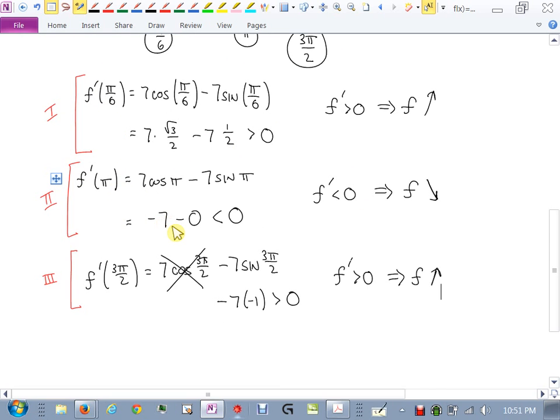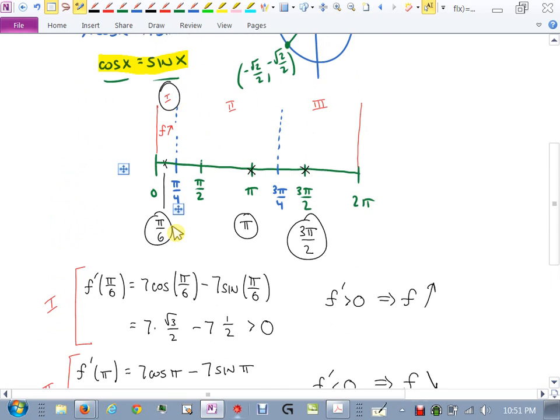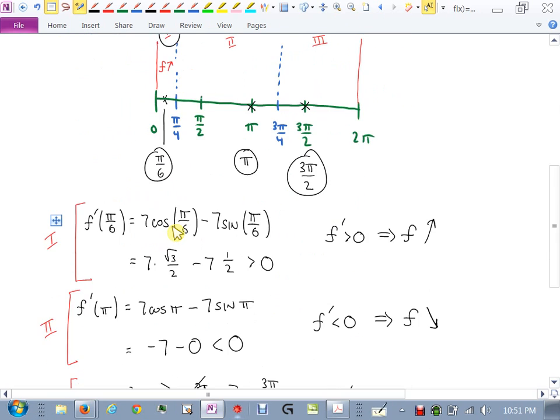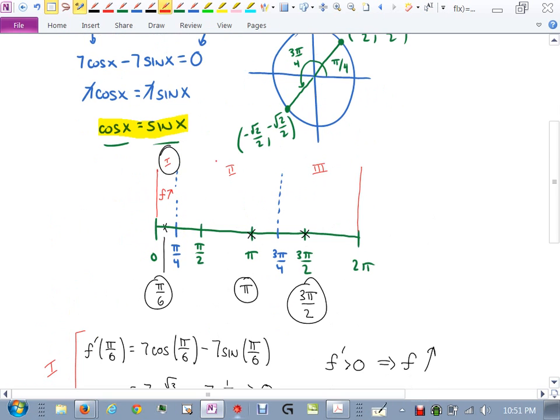Okay, so let's try and answer the first part of this. I forgot to label this up here. On the second region, my graph was decreasing, and on the third region, it was increasing. So let's talk about where f is increasing. F is increasing anytime we are between 0 and pi over 4, and anytime we are between 3 pi over 4 and 2 pi.